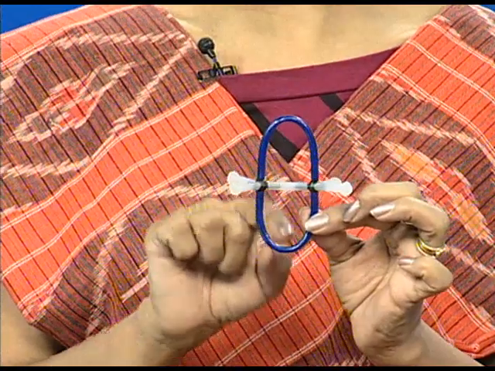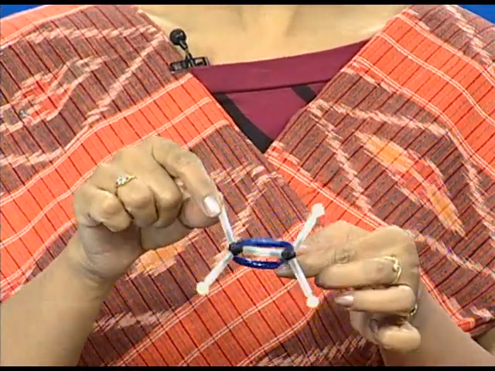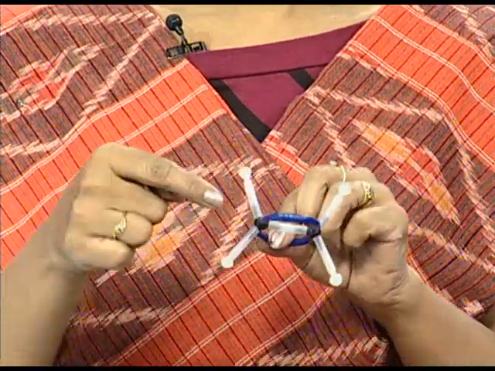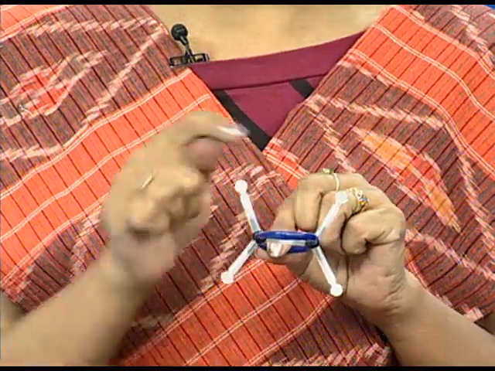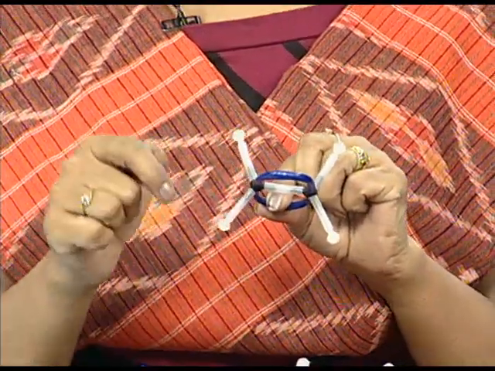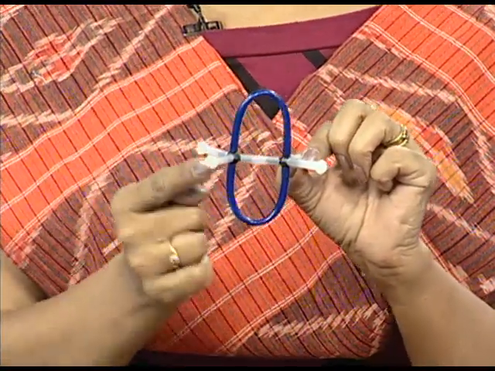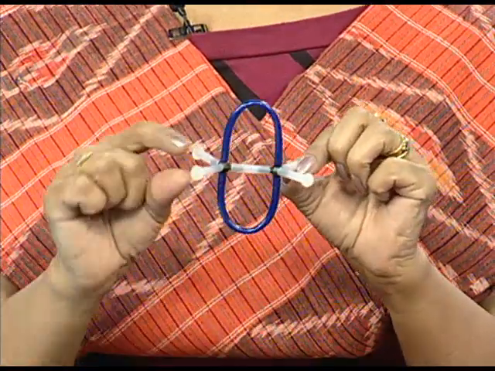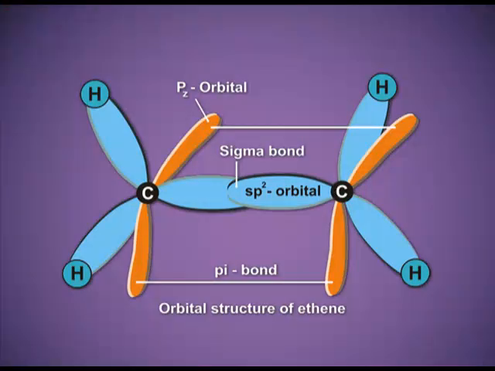This is formed by the sideways overlapping. Now you can see this carbon and these 4 hydrogens are in one plane, and this pi bond is above and below the plane. This is ethene molecule. Here you can see the sideways overlapping and the end-to-end overlapping.